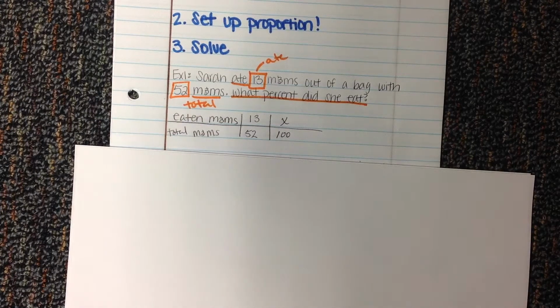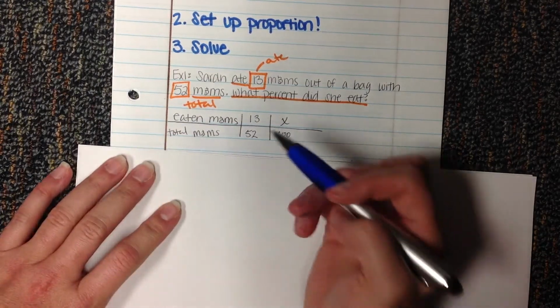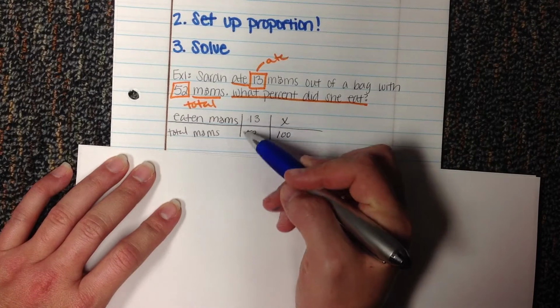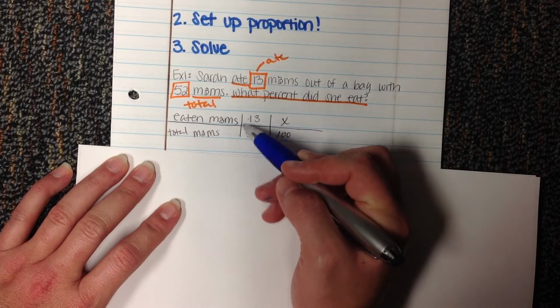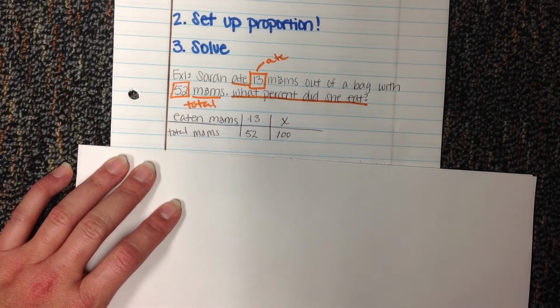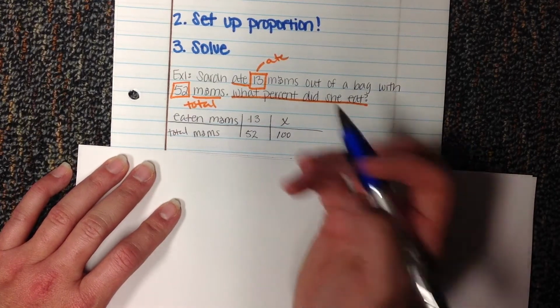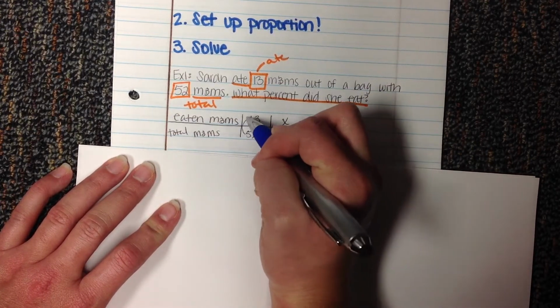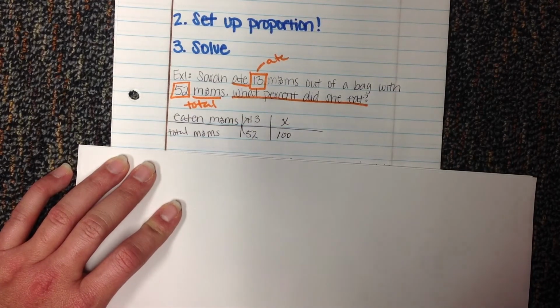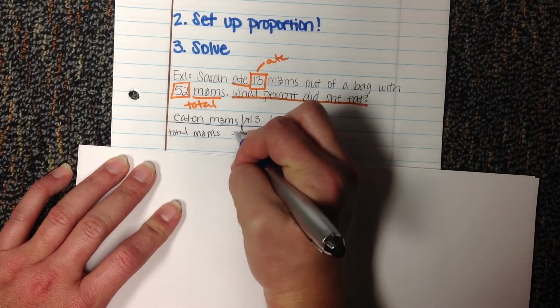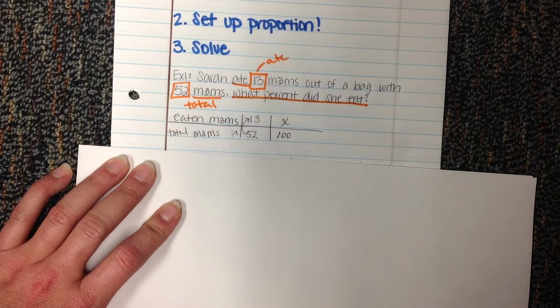We can go ahead and solve this using scale factor, the 6th grade method, where you look to see how many times can I go from one value to another, or you can do cross products. They both work on this problem. I'm going to do the 6th grade method because I think it's easier. 52 divided by 4 is going to give me 13.